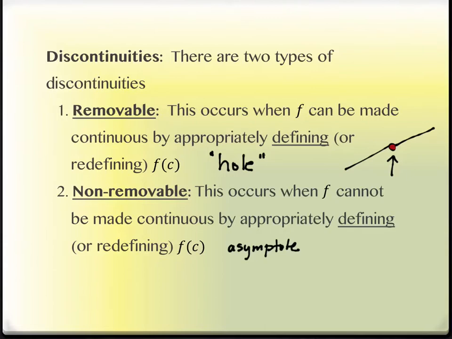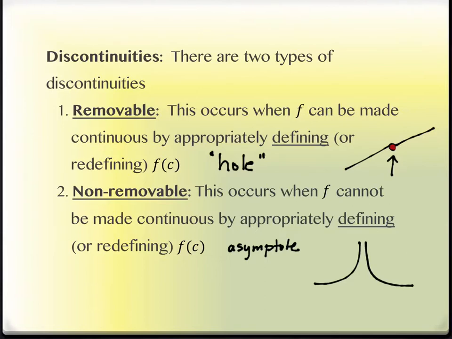So you have the ability to fill in the hole. That's different than if you have an asymptote. If you have an asymptote, we'll draw it that way. There's no way to fill in the gap of the asymptote, right? There's no hole to fill in. I can't just say, oh, look, it's going to be here. It still would be discontinuous. There's no way to connect one side to the other side at a particular value. So that's called a non-removable discontinuity.